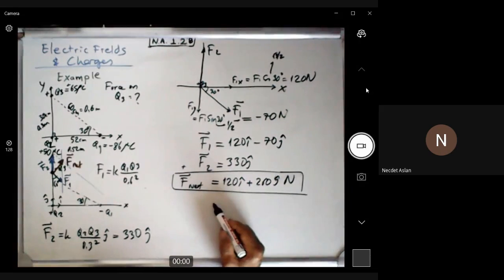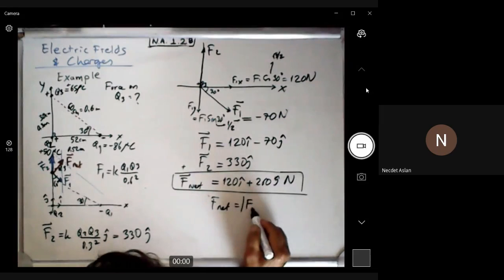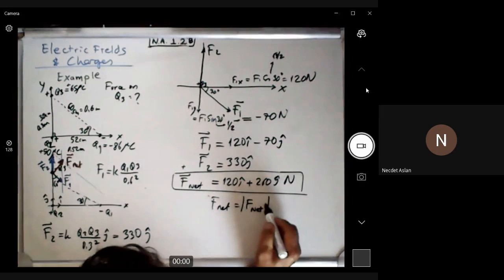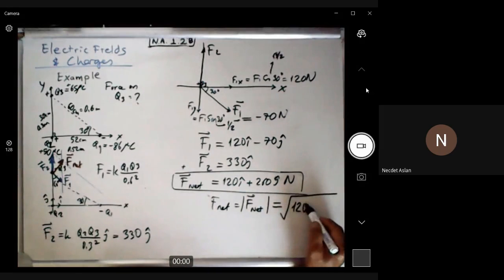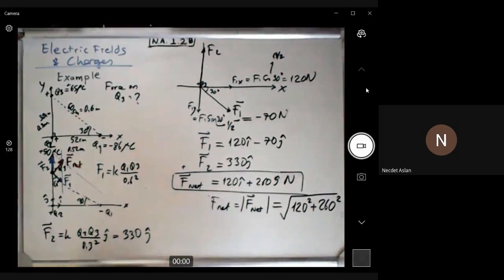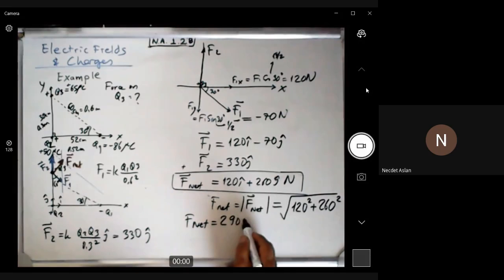And the magnitude of the Fnet vector is equal to the square root of 120 squared plus 260 squared. Okay, so this is how you get the magnitude of this vector, and it is just 290. So Fnet is equal to 290 Newtons.